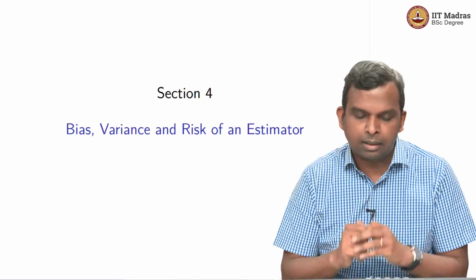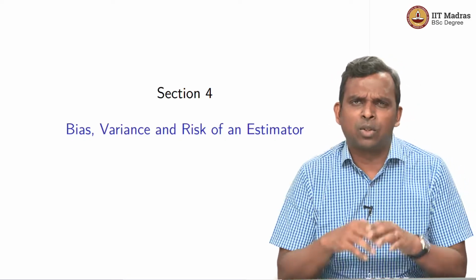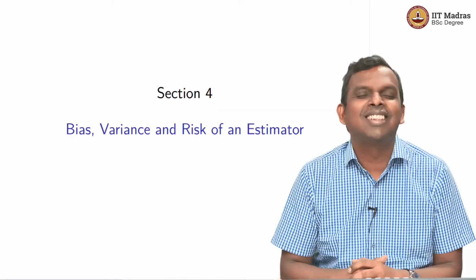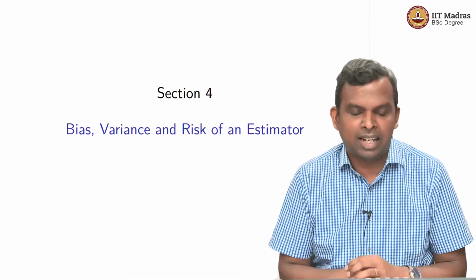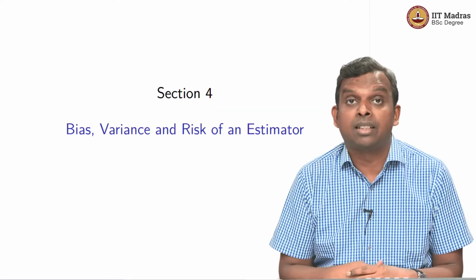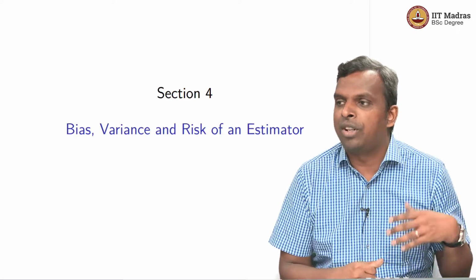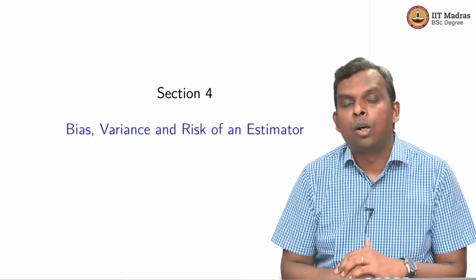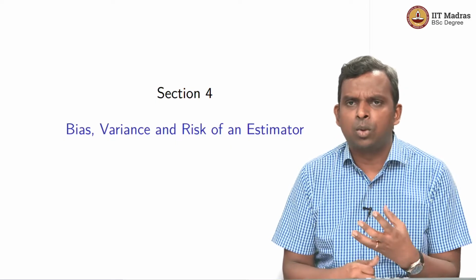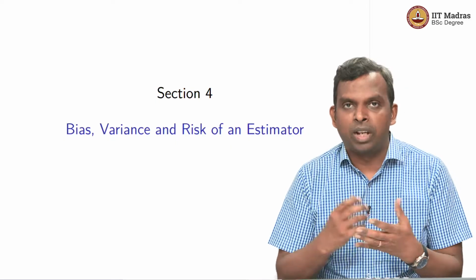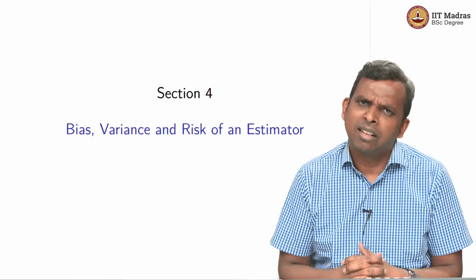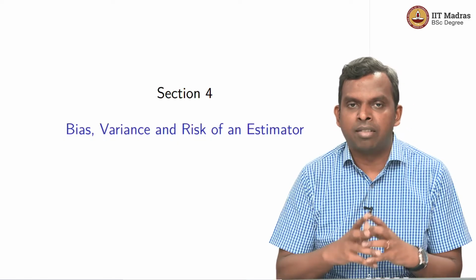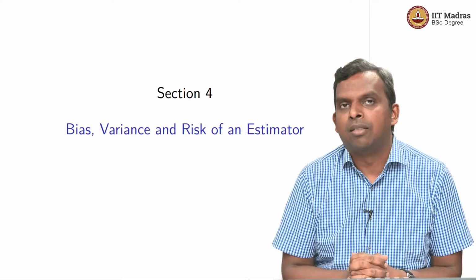In this lecture, it's going to be a largely equation oriented lecture. We will define these three aspects of a point estimator, which are very crucial and often repeated in analysis: bias, variance and risk of an estimator. These are all related to the expected values of various quantities, and you will see they have very simple intuitive definitions and a nice relationship between them, which we can look at.